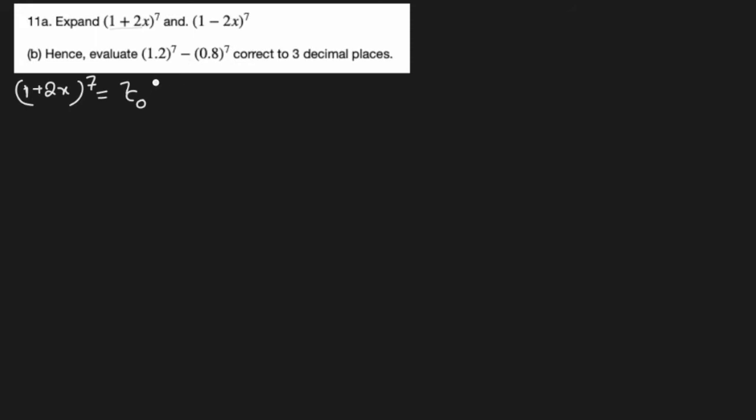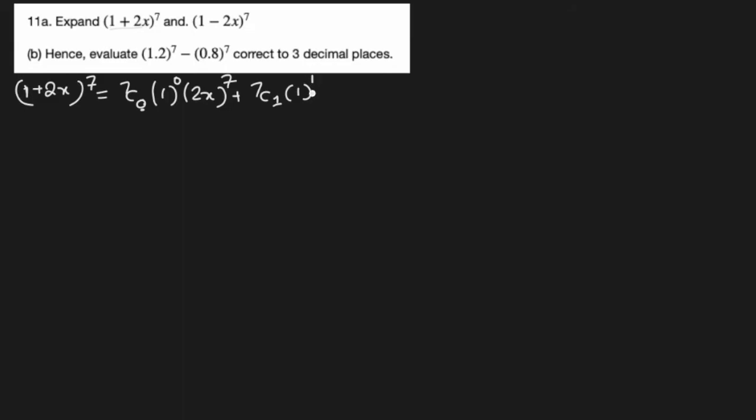The first term is given whatever you have written here, that exponent, and the remaining exponent out of 7. So 7 minus 0 is 7, whole of it will be given to 2x basically. And we will keep on increasing this number. It was 0 first, now 1.